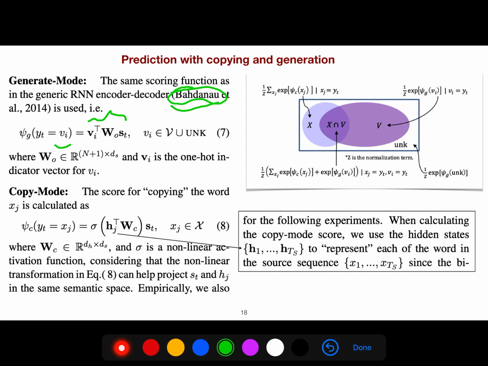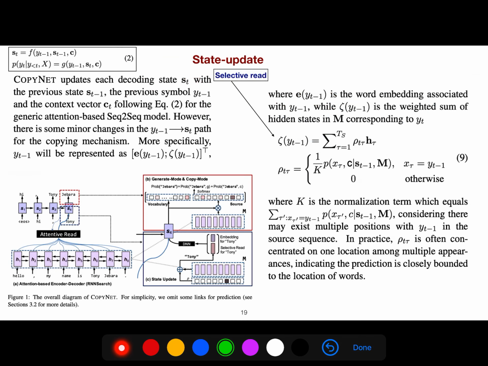So it's very important. But the CopyNet mechanism is like this. The reason we use h_j is just a trick. It's just hidden states in order to represent the input utterance. And S of t is the hidden state of the decoder.